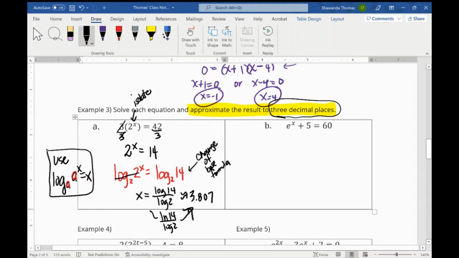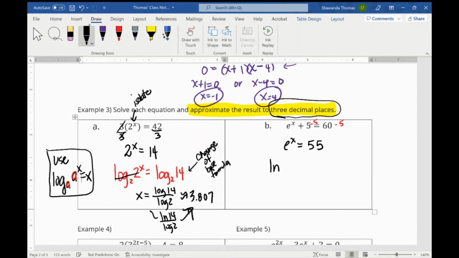Let's move on to B. Let's solve for x. First, let's get rid of the 5. Subtract 5 from both sides. Then we have e to the x equals 55 now. Now, how can we get rid of this e? Well, we can use the natural log.